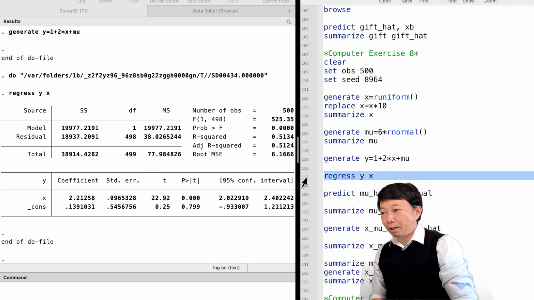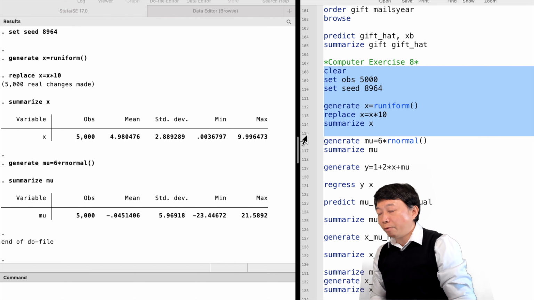The intercept estimate is 0.139, far from the population intercept of 1. The slope estimate is 2.213, above the population slope of 2. The reason is that the sample size is too small. If we set a much larger sample size, say 5,000, the estimated intercept and slope are very close to the population values.